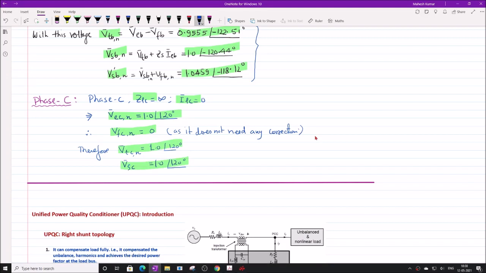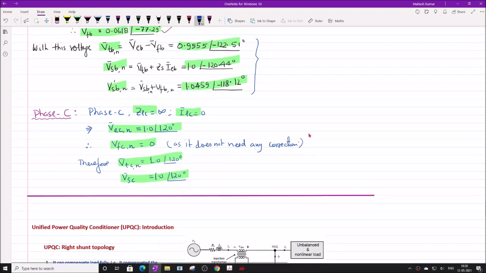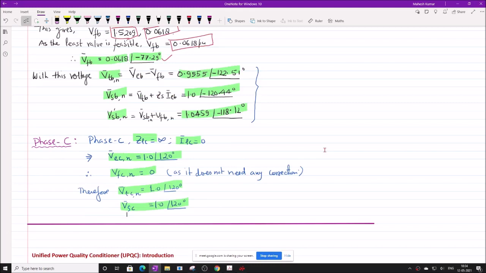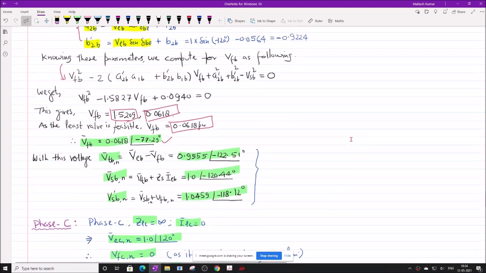Okay, so these are the voltages, but one thing you see is that after defining the load terminal voltages, the source voltages are actually 1.0. So what do you see here? That the source voltages VSA, VSB and VSC are different from balanced voltages, although their magnitude is 1.0.